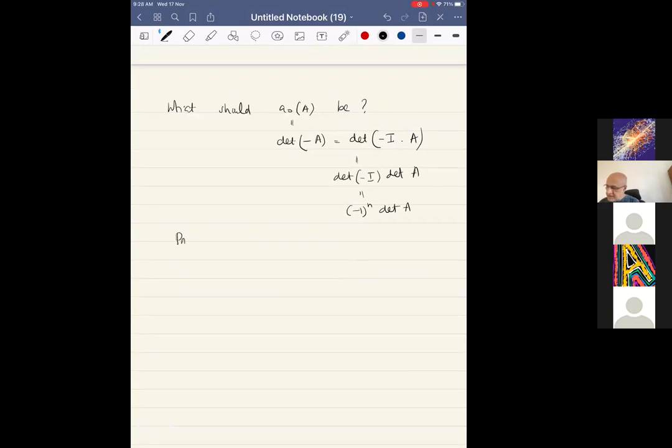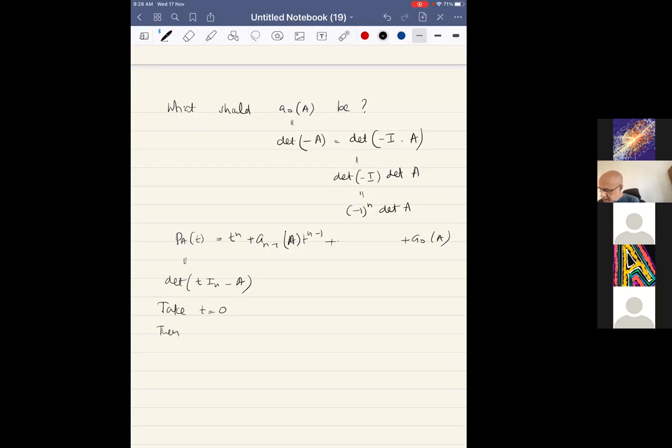Well, we know that p_A(t) is t to the n plus a_{n-1} t to the n minus 1 and so on, plus a_0(A). So what is this? This is determinant of t I_n minus A. Now take t equal to 0. So let us evaluate this function at t equal to 0.